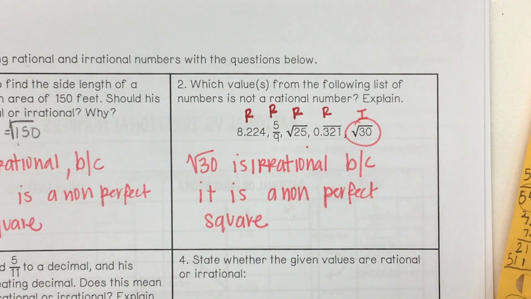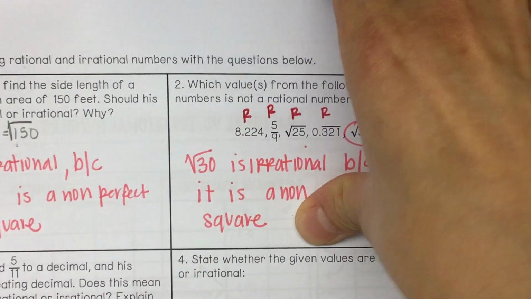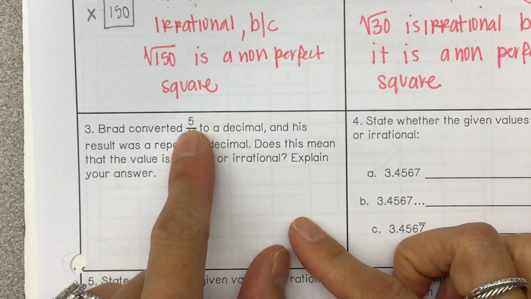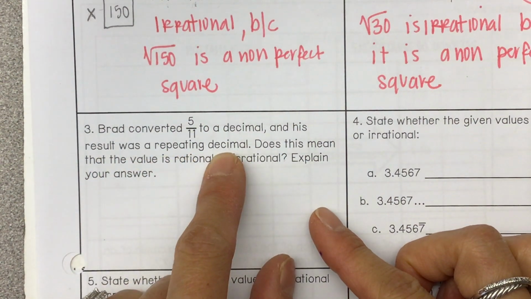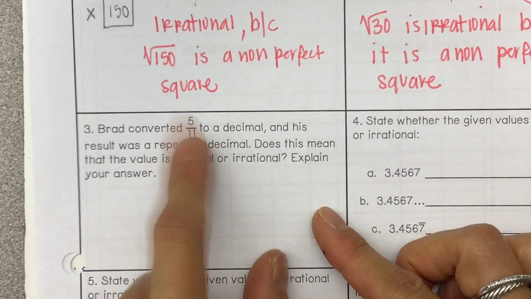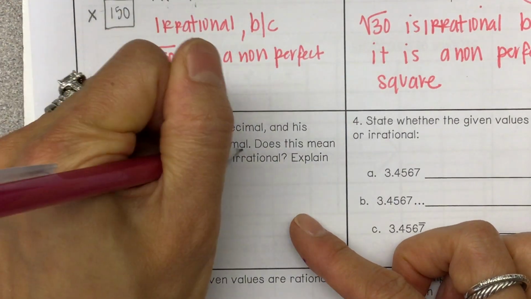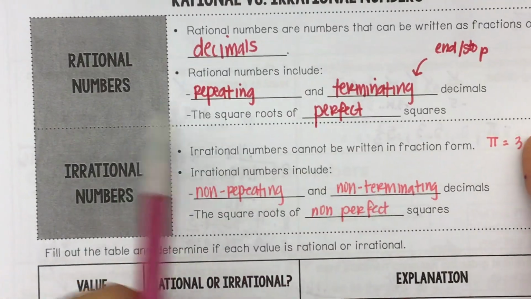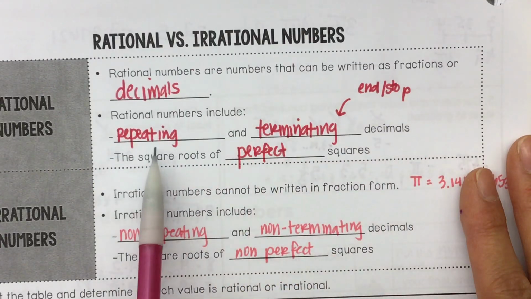Okay, I'm scooting down to number 3. Brad converted 5/11ths to a decimal, and his result was a repeating decimal. Does this mean that the value is rational or irrational? So first of all, I notice it's a fraction, and then it says repeating decimal. So if you need your list, fraction, repeating decimal.